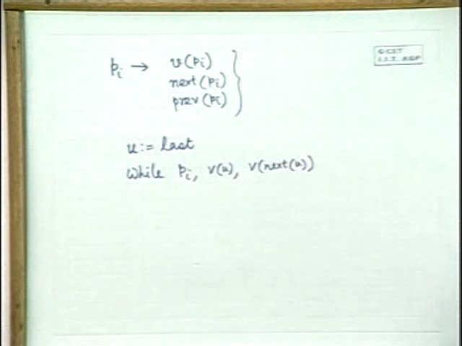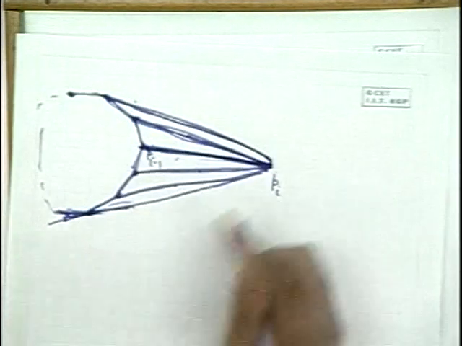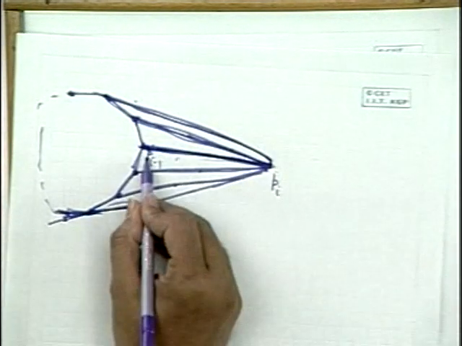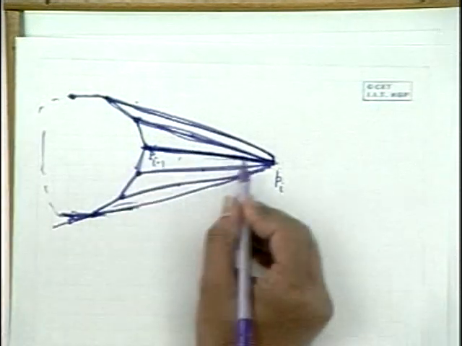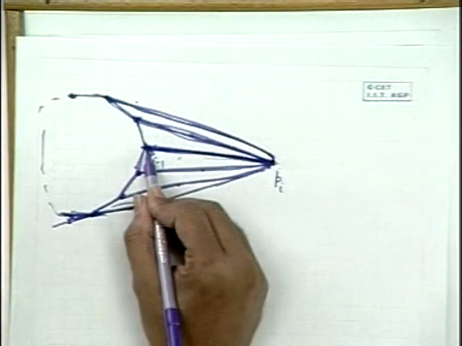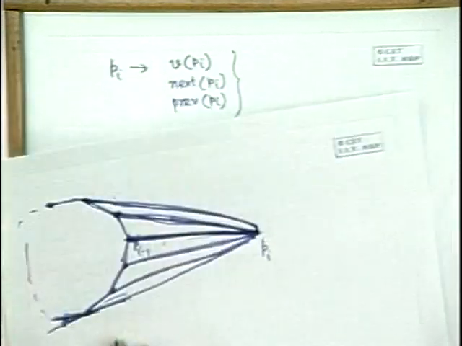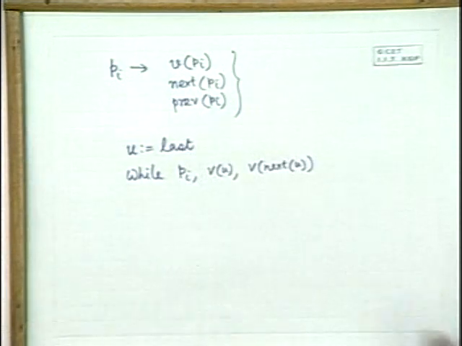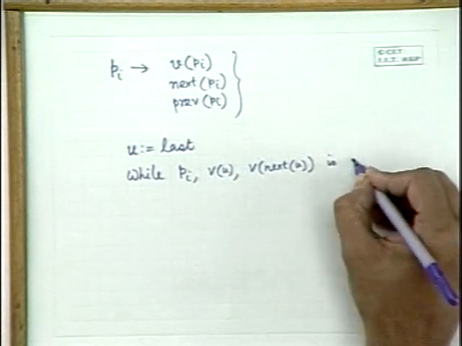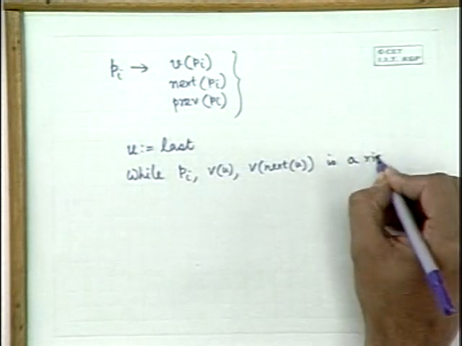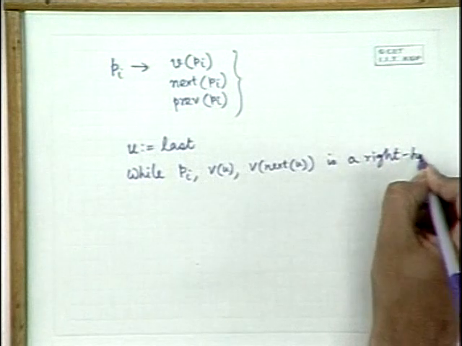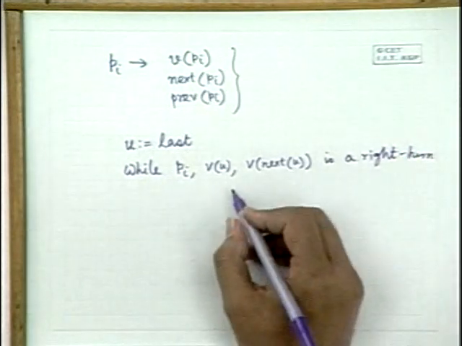Let me see. So here this is pi, this is your last. So pi, your u, next of u is this. So if this is a right turn, then we move forward.